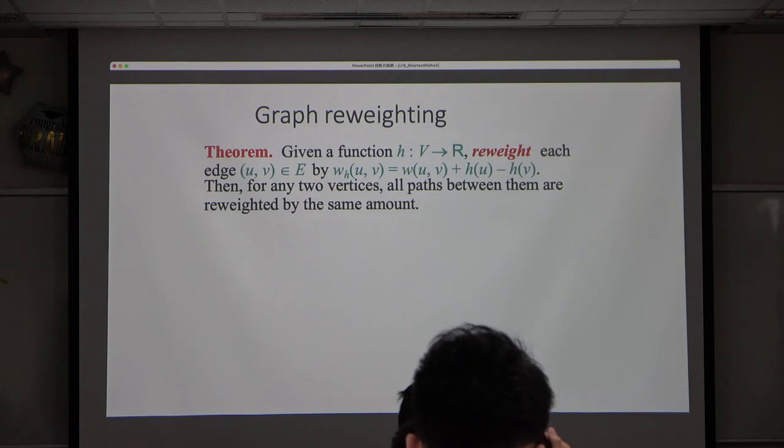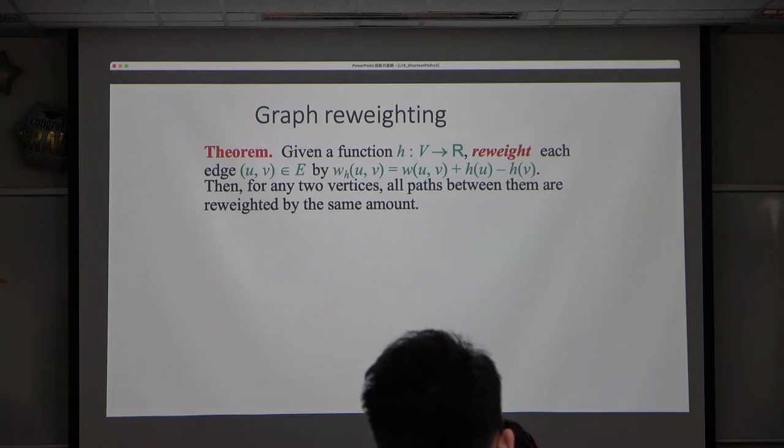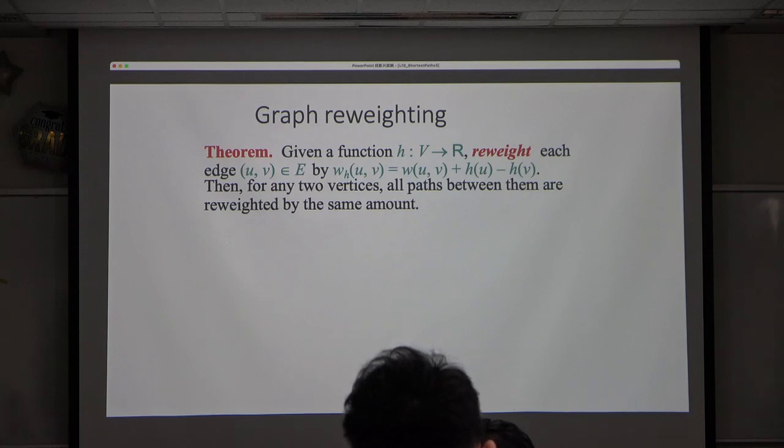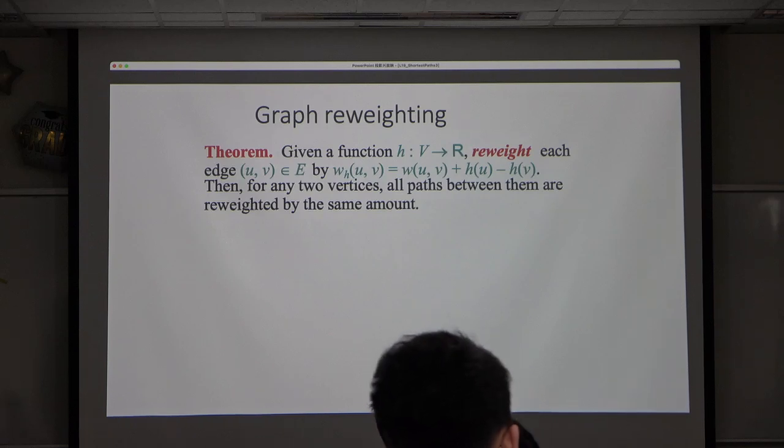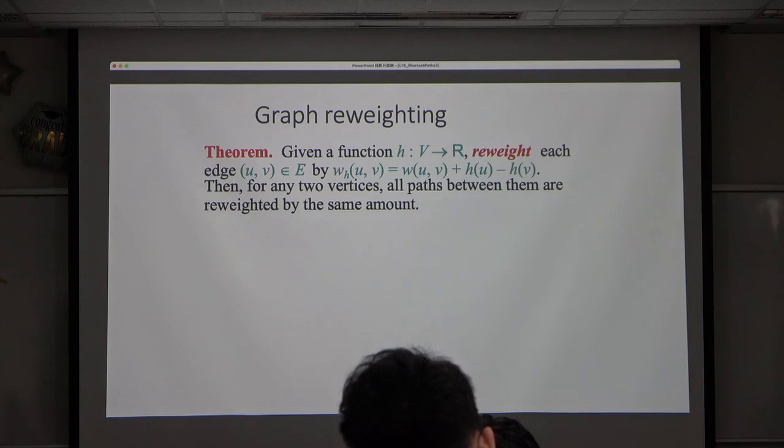Remember, at the end of the previous lecture, we used Bellman-Ford to solve the special case of linear programming with two variables, where one variable has coefficient 1 and the other has coefficient -1. So this is one variable, this is another variable, coefficient 1, coefficient -1, right?